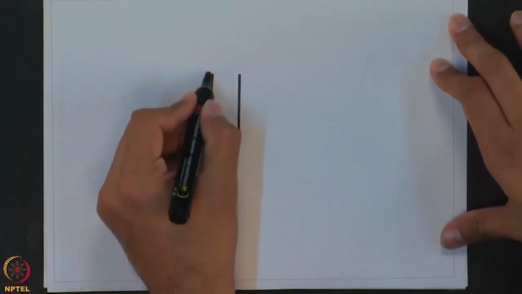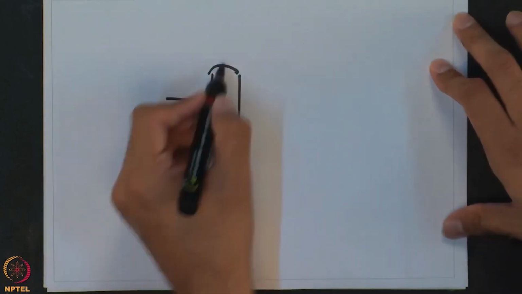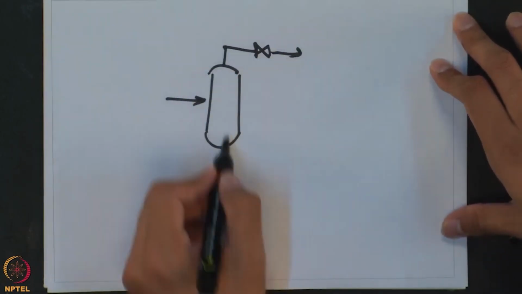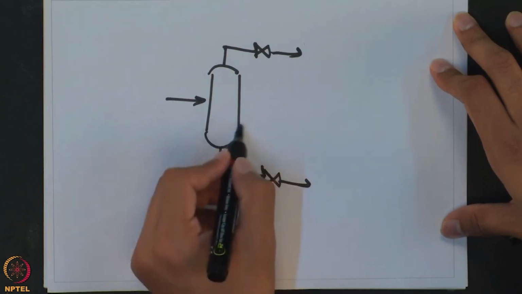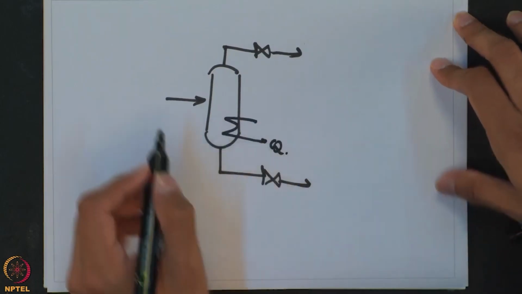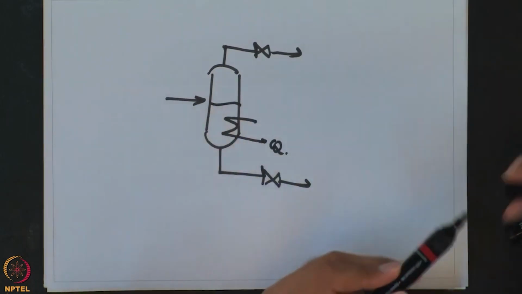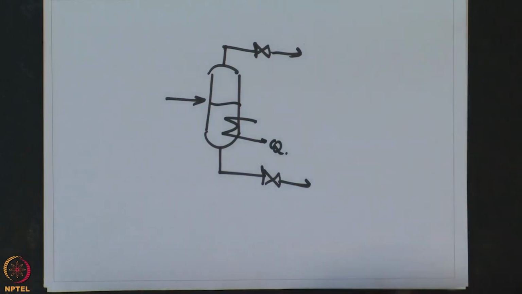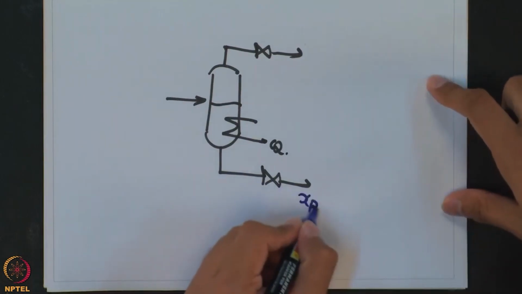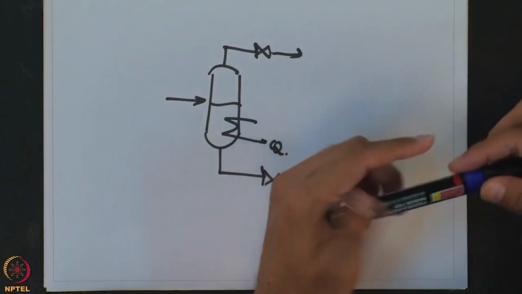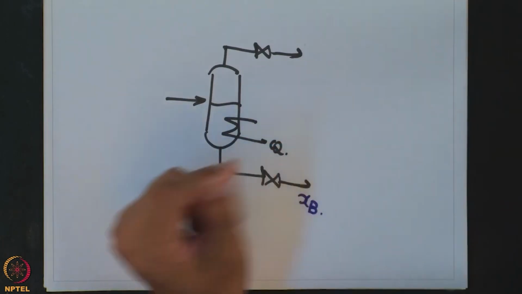We had this splitter, we had this flash vessel. In this particular vessel I said that we want to maintain a certain bottoms purity, but we would not have a composition controller per se.